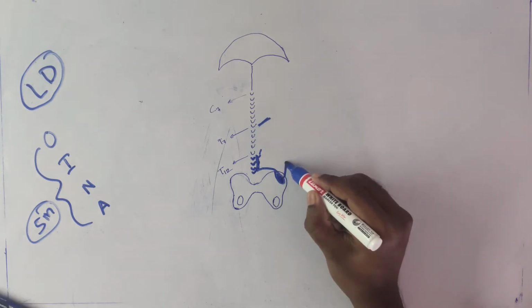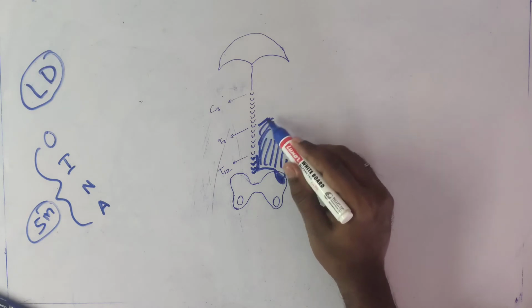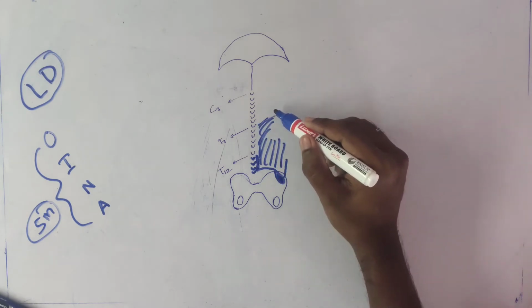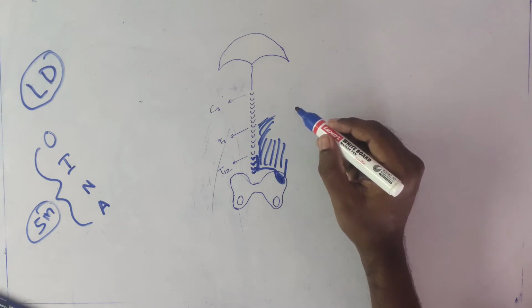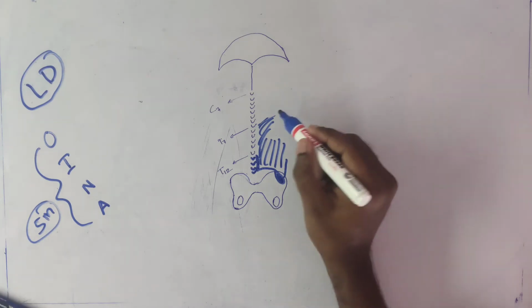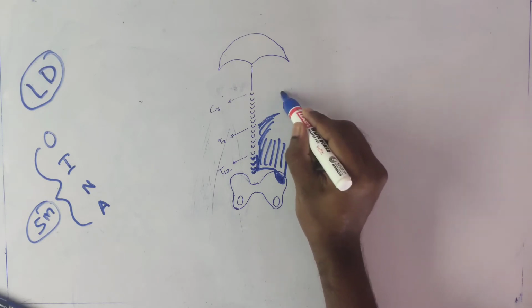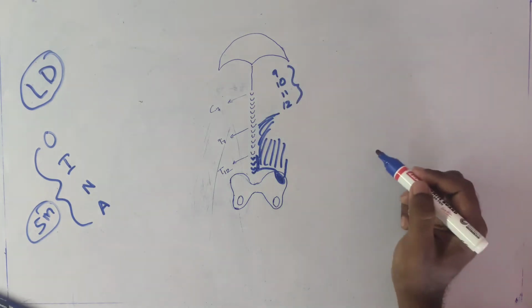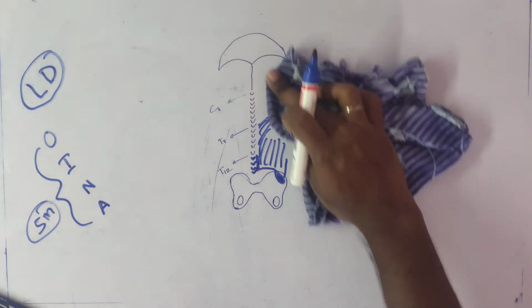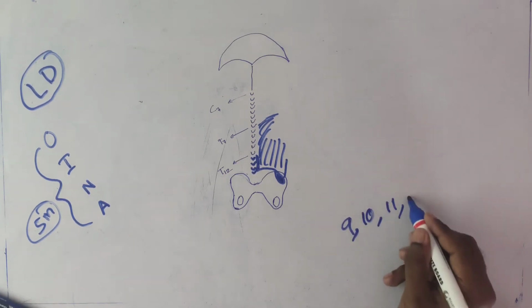From here to here, it continues from the iliac crest to the lumbar fascia, and then to T7 to T12, that means the 7th thoracic vertebra to the 12th thoracic vertebra, and then to the lower 4 ribs. That means 9, 10, 11 and 12 ribs. I will write it aside here: 9, 10, 11 and 12 ribs.